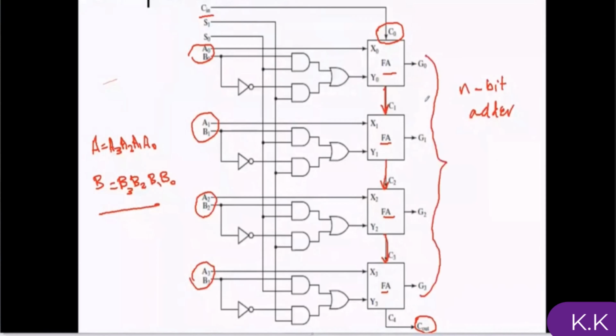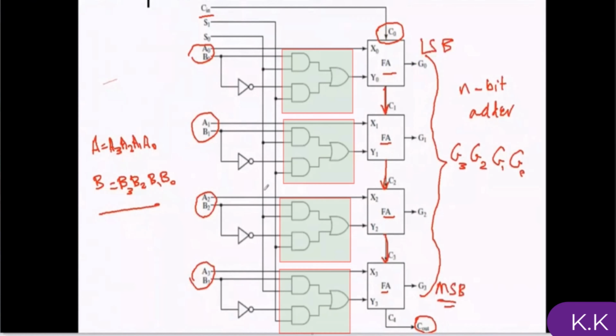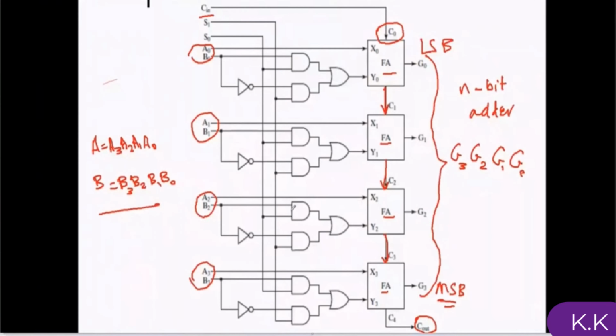The first carry input of the first full adder is connected to the carry in, and the last carry output is considered as the output. And this is the result of the n-bit adder: G0, G1, G2, G3. So this is the LSB. This is the most significant bit, the leftmost bit.